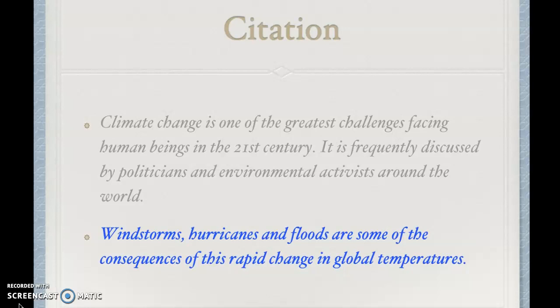One chapter for windstorms, one chapter for hurricanes, and one chapter for floods. So as you can see, this knowledge comes from the book, but it doesn't belong to any particular page, paragraph, or sentence. It's something that I've taken away by generally reading various parts of the book.